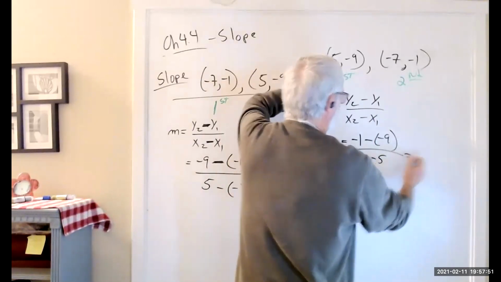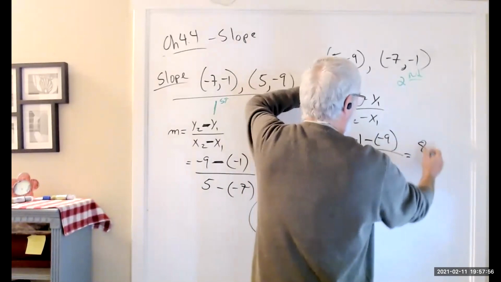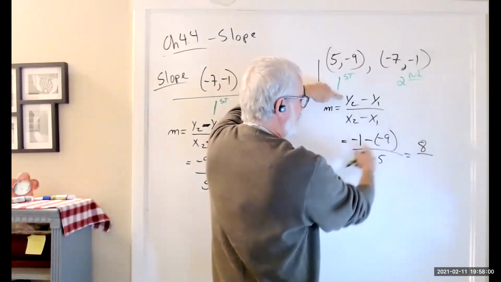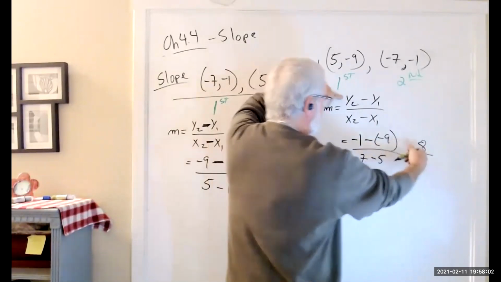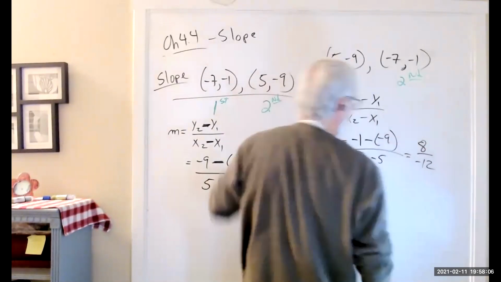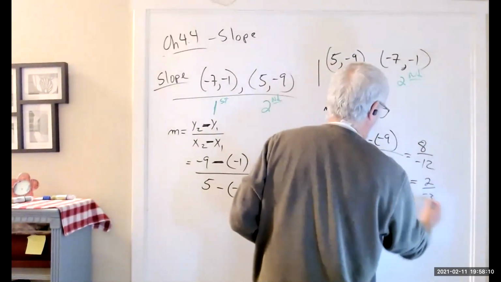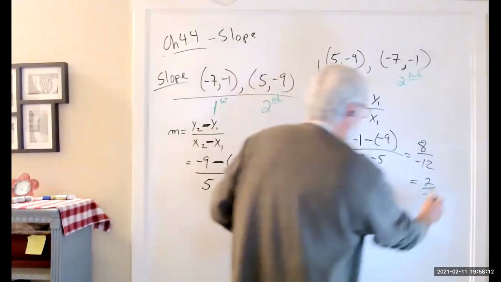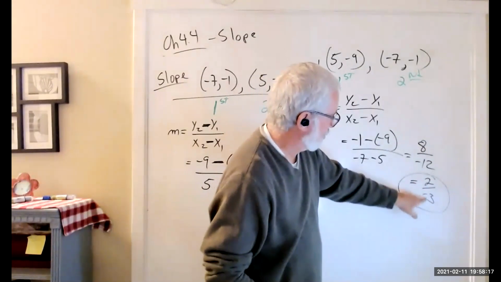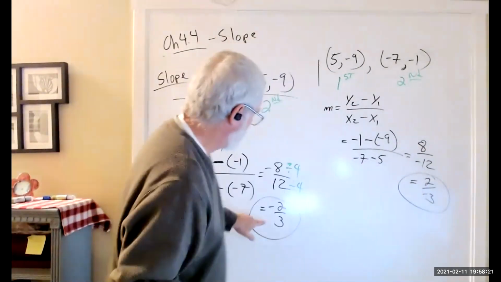Now, if we do this, this will become 8 on top because minus minus is plus. So -1 plus 9 is 8. -7 minus 5 is -12. But that will also reduce to 2 over -3. And we said that in a fraction, you can move the minus sign anywhere you want, top, bottom, or middle. So these are the same answer.